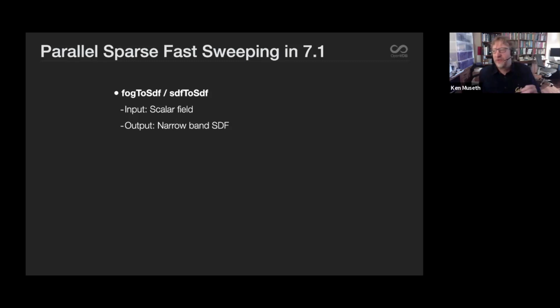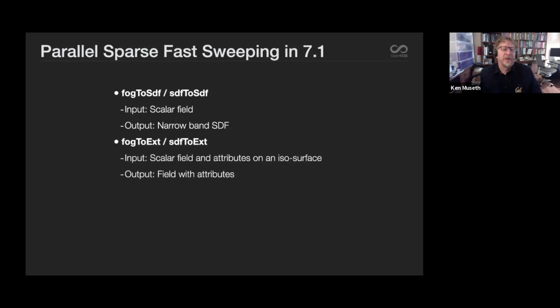There are these two tools that allow you to go from an arbitrary scalar field. It could be a fog volume, it could be an existing signed distance field, and then it produces a narrowband signed distance field very, very efficiently. There are two other flavors that allow you to take attributes that are defined on an isosurface and extend them into the embedding of the surface itself, which can be very useful.